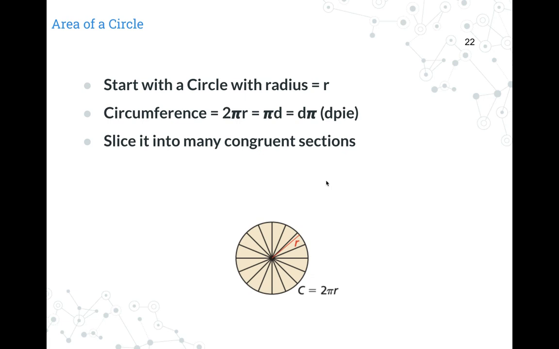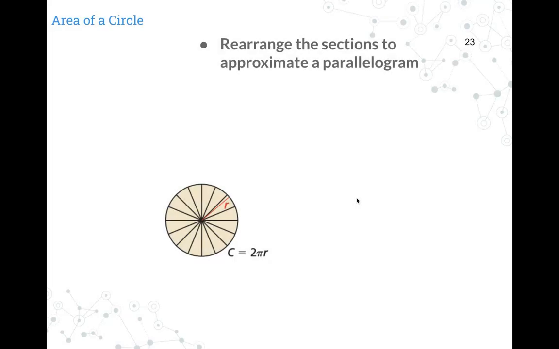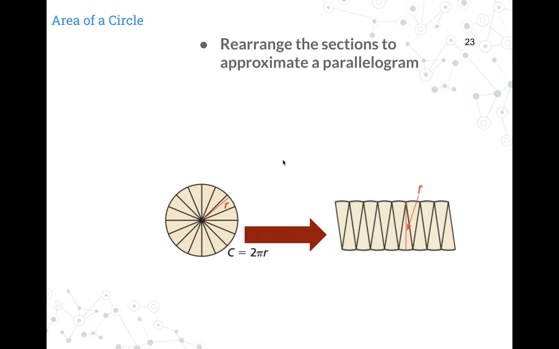Now the circumference is still 2 pi r, but imagine that each slice of pizza is exactly congruent. Now we're going to rearrange these slices without changing their size or shape into something that approximates a parallelogram.